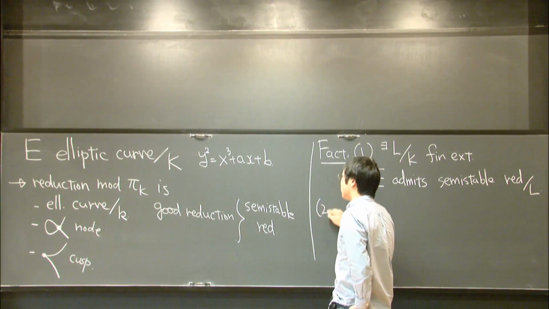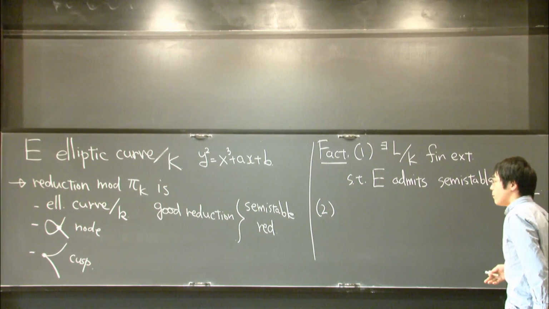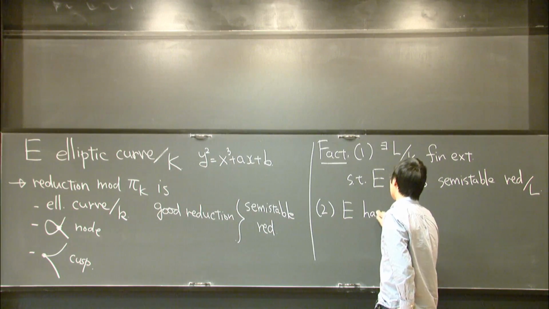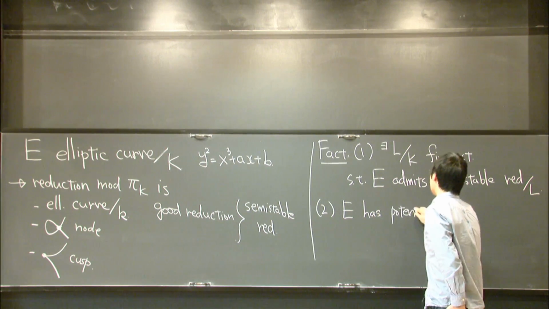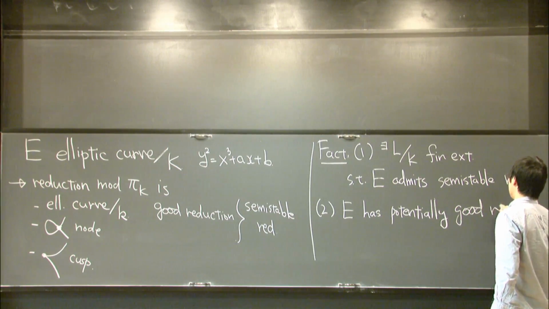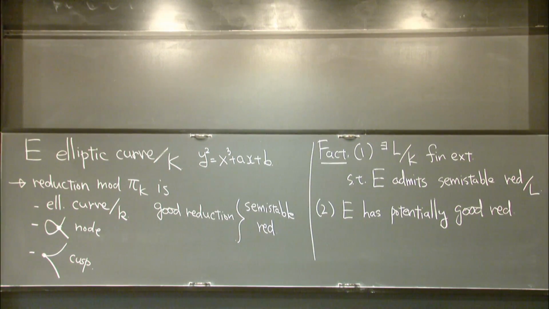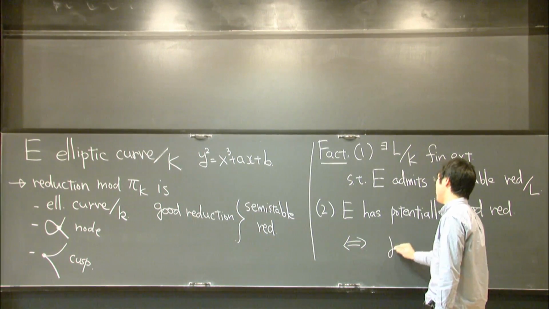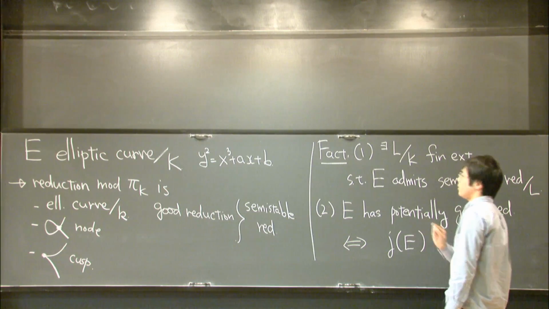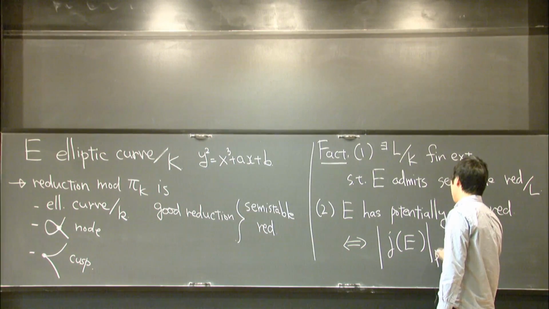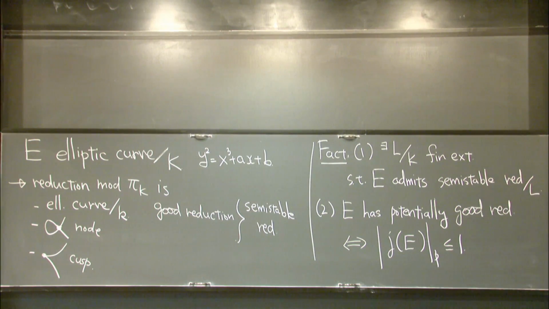You can judge this question based on the j-invariant. Namely, E has potentially good reduction, that is, it acquires good reduction after some finite extension of K, if and only if the j-invariant is a p-adic integer. Or in other words, the p-adic valuation is bounded by 1. So these are the two facts about elliptic curves over a local field.